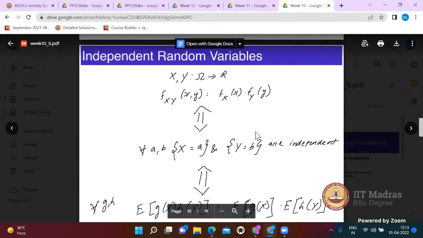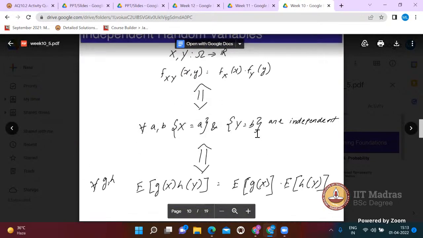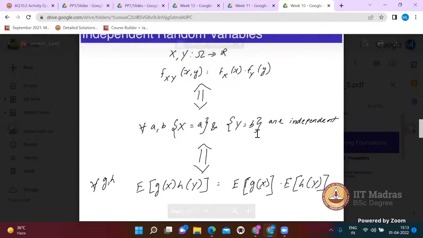One more thing: if they are independent, it should hold for all the points. For example, I'm calculating the probability for 2, 3.